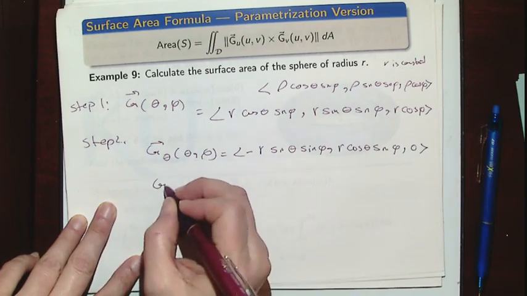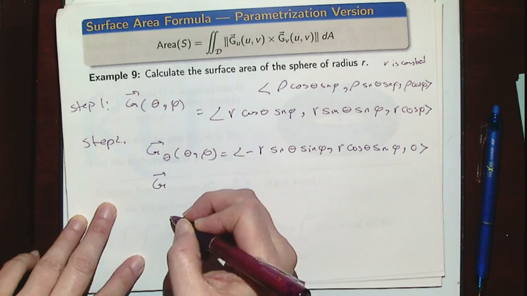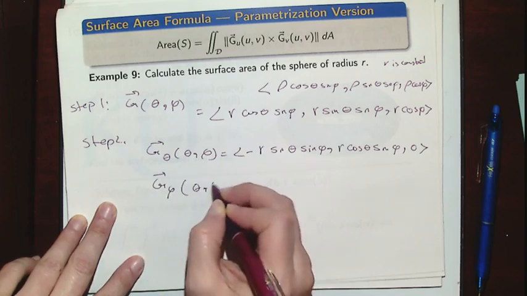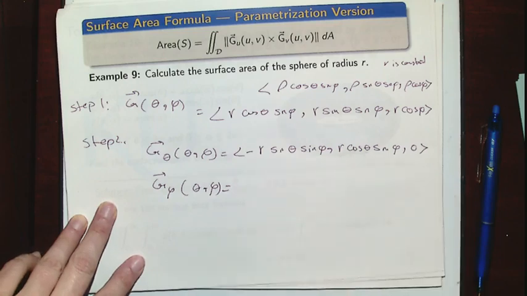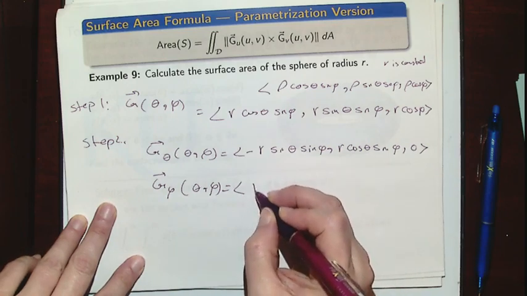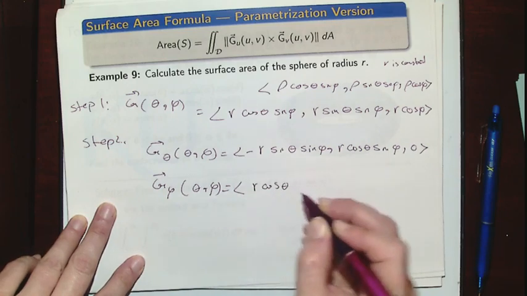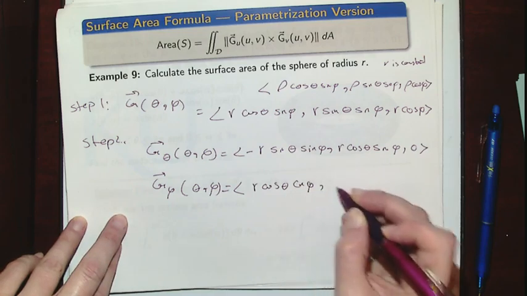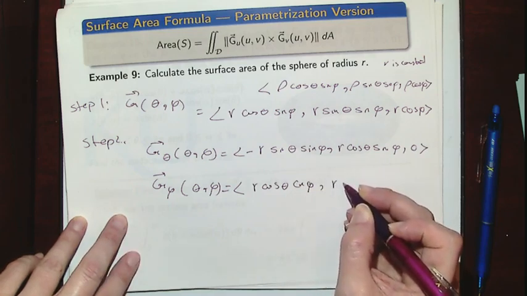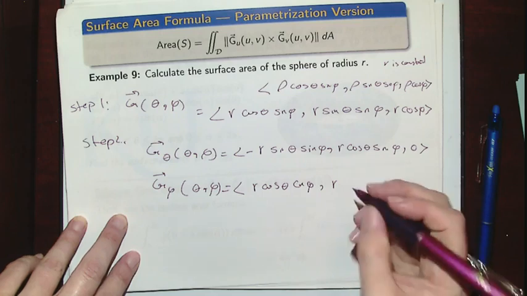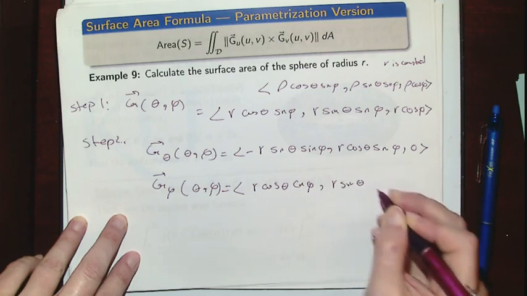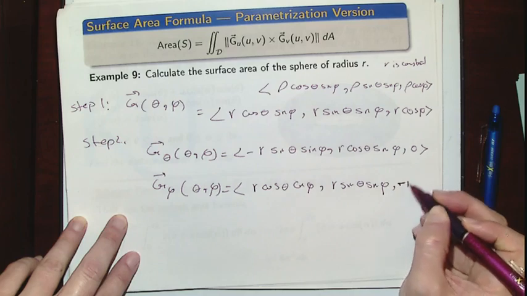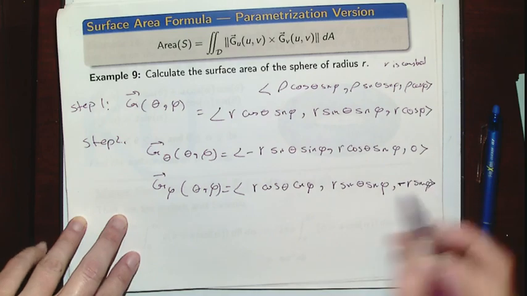Now G sub V, phi. So this one is going to be R cosine theta cosine phi, R sine theta cosine phi, negative R sine phi.